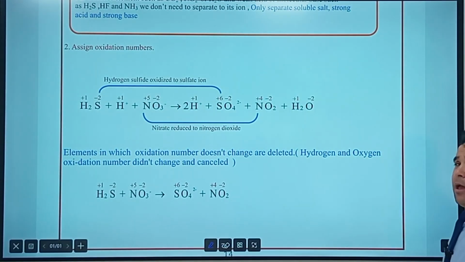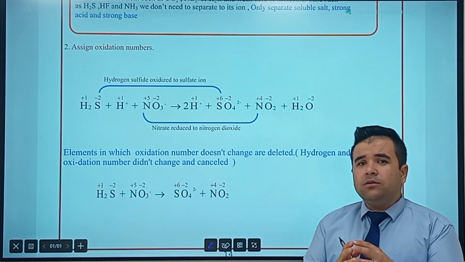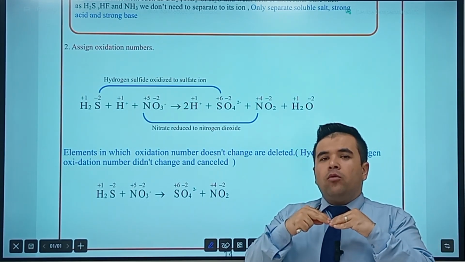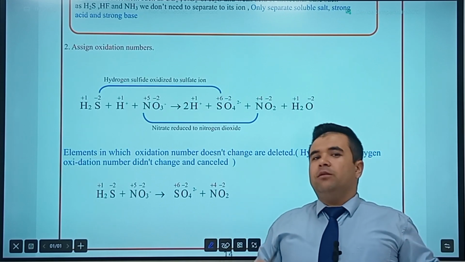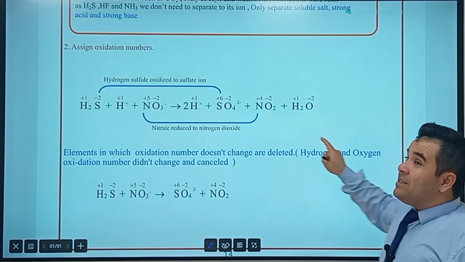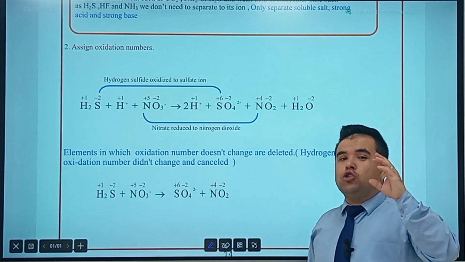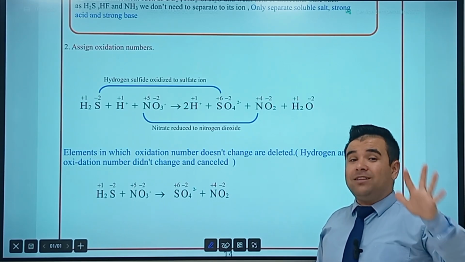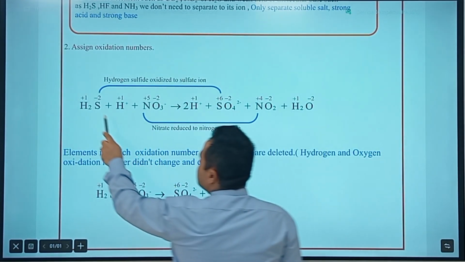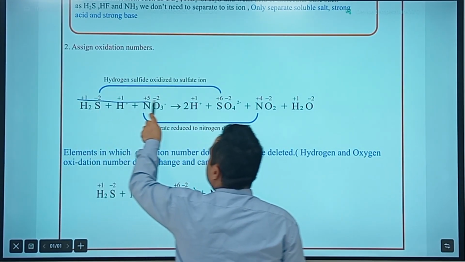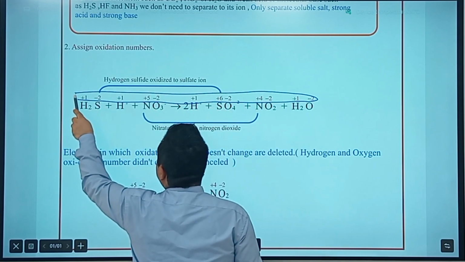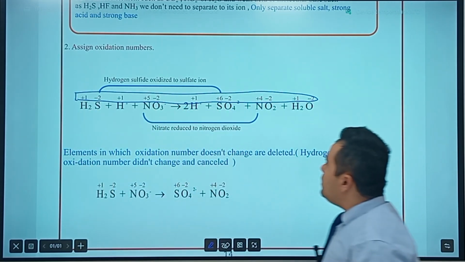Second step, so what is the first step? Always write the formula equation, and then convert that formula equation into the overall ionic equation. The second step: assign the oxidation number of all atoms in reactant and product. As you can see, the oxidation numbers of all atoms in the reactant and product are known.